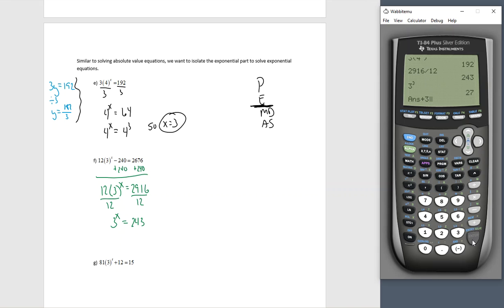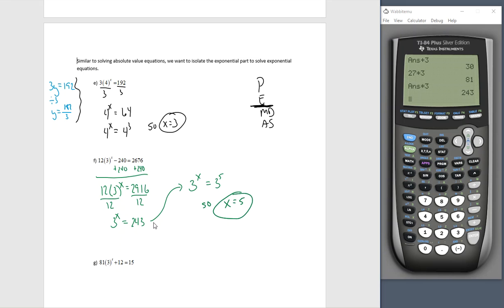If I take 27 and multiply by 3, I'll get 81. So that's 3 to the fourth. If I multiply by 3 again, 3 to the fifth is 243. So this is 3 to the x equals 3 to the fifth. So x will equal 5.